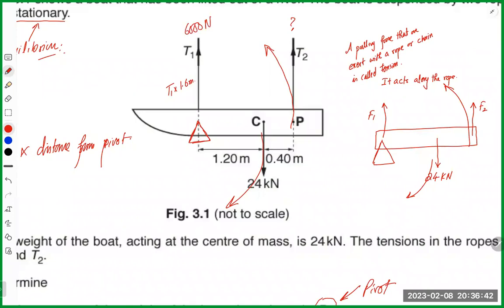So one of the forces is 6,000 Newton, the other force is a question mark. I think if I do simple mathematics, I can find out how much T2 is. But I will recommend you practice it both ways and get the same answers. You can consider T1 as pivot and then measure the clockwise and anti-clockwise turning effect and find the value of T2.